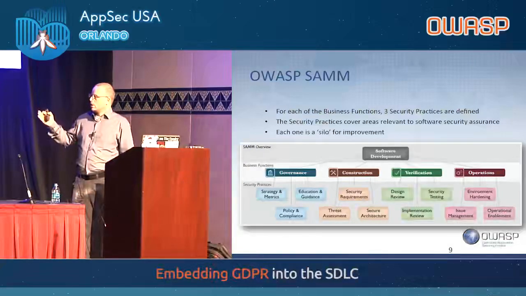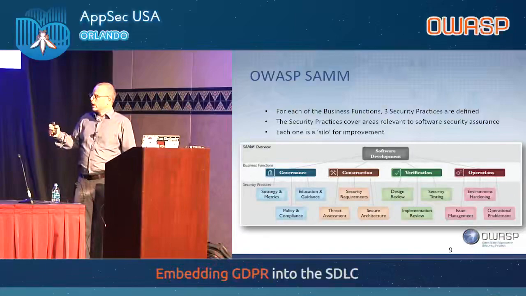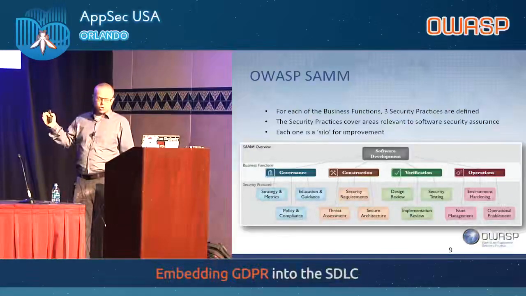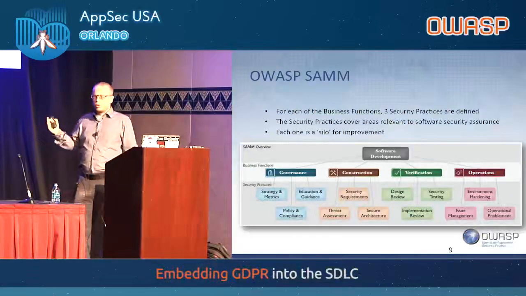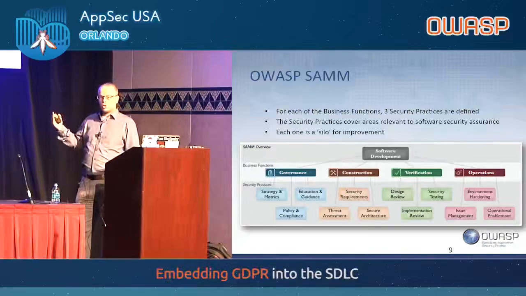We didn't see anything about operations except the secure coding guide, but that's just a guide. And we haven't even touched on the whole governance thing, which is of course the starting point of a SAM, because you want to do this across your organization.